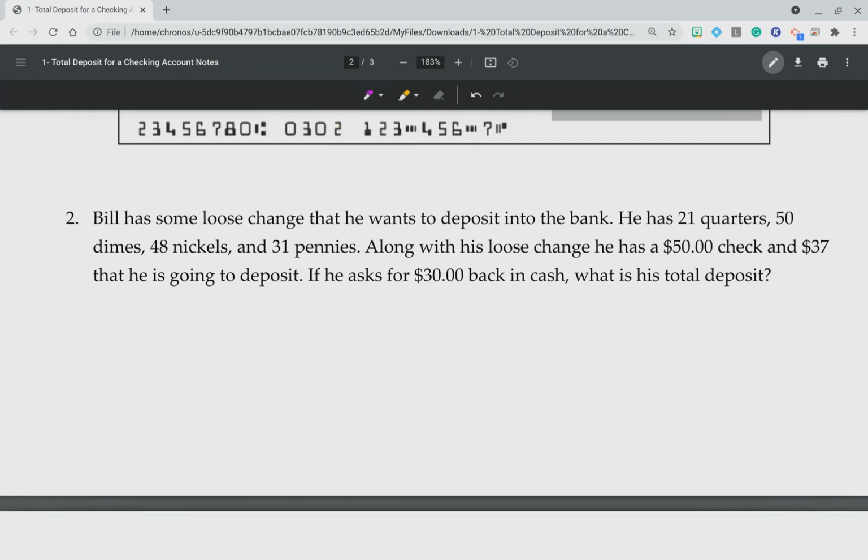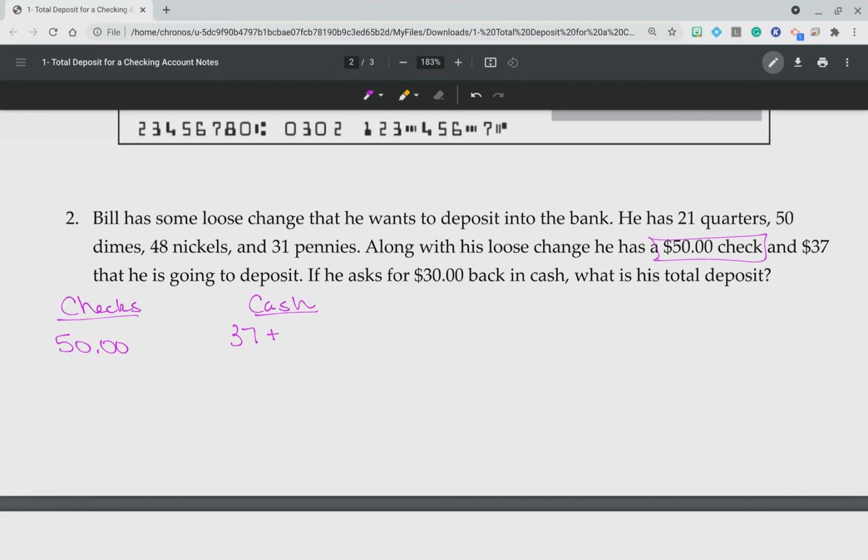So I'm going to split this up just like I did before. Checks and cash. Well, if I remember correctly, he only had one check and it was for $50. So that's all the checks I'm going to deposit. But for cash, I know that I have $37 plus, now let's go through all this change.